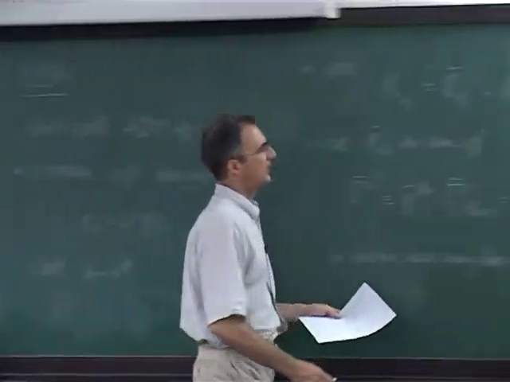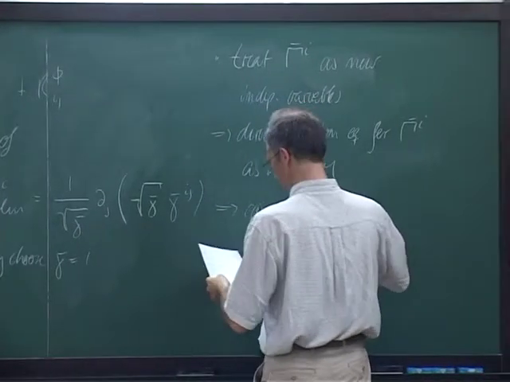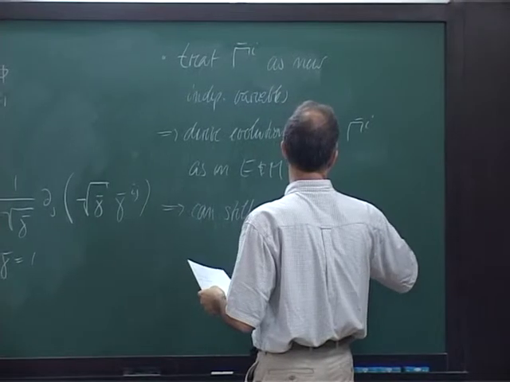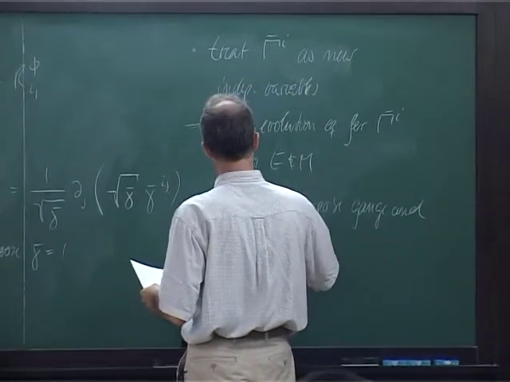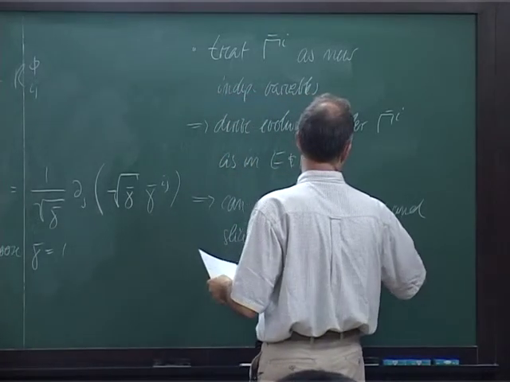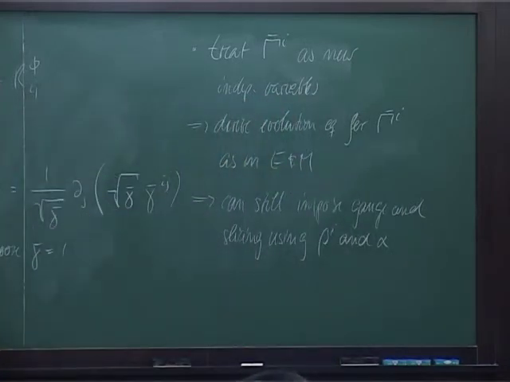So I can still impose the gauge and slicing using beta i and the lapse alpha. All right?